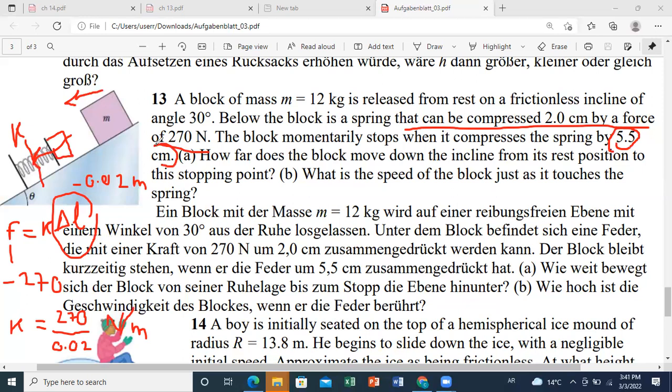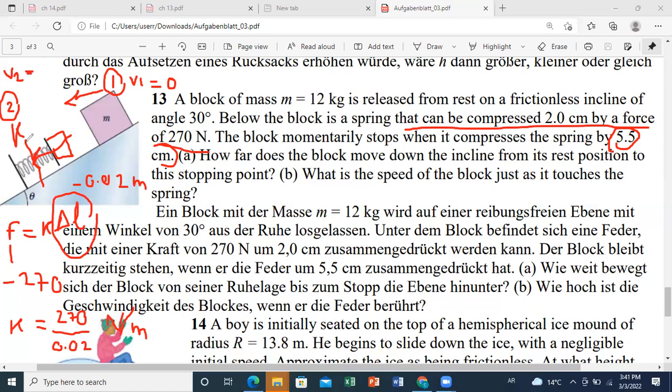They want me to determine how far the block moves down the incline from its rest position to the stopping point. So what are my two states? State 1 is at rest. I know that V1 is 0. State 2 is also at rest because my block will stop. So V2 is also 0.